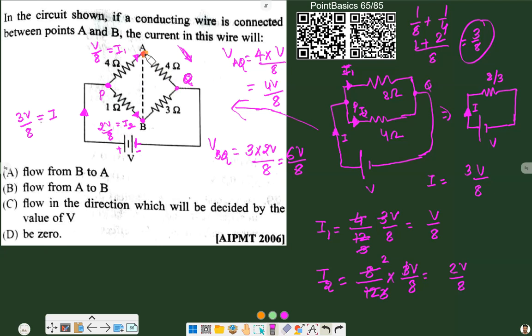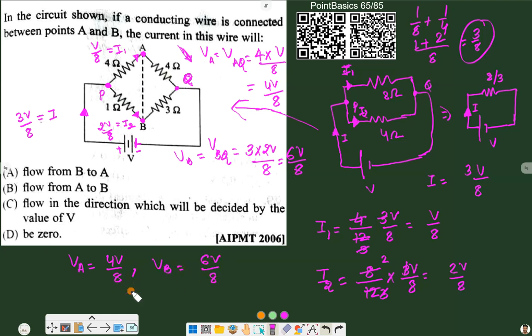If we are measuring VAQ, it means we are getting VA. If we are measuring VBQ, it means we are getting VB. So VAQ is equal to VA and VBQ is equal to VB. Now we have the final values: VA is equal to 4V by 8 and VB is equal to 6V by 8.